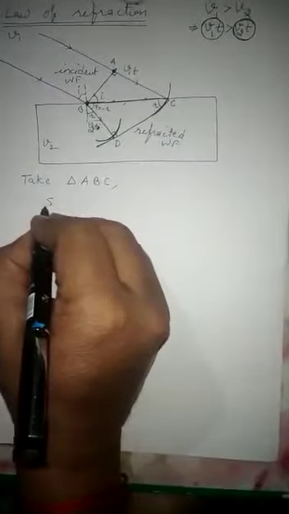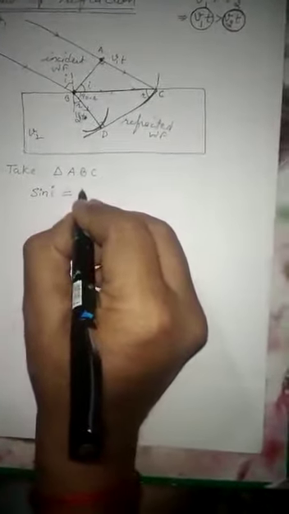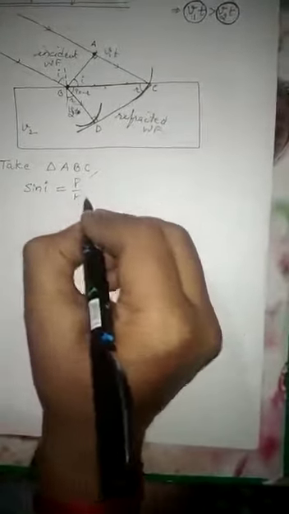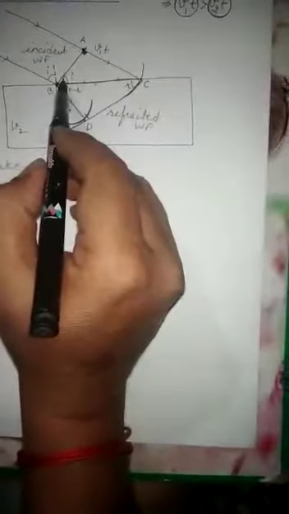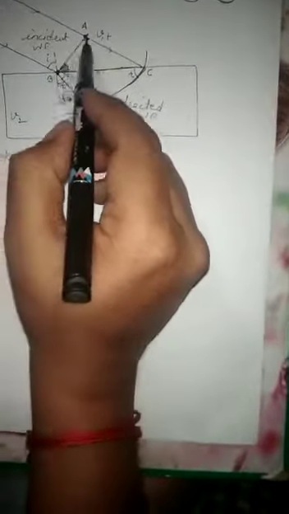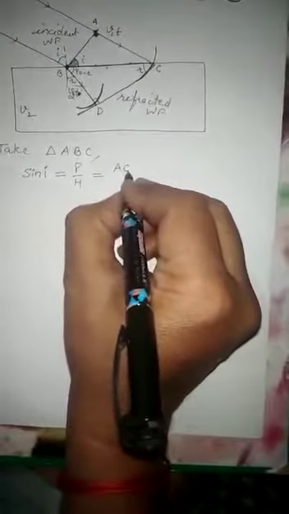So here, sine of I is equal to perpendicular by hypotenuse, and here what is the perpendicular? Because here it becomes 90 degree, and here is the one angle. So this becomes the base, this becomes the hypotenuse, and this becomes the perpendicular. So here it is AC divided by BC.